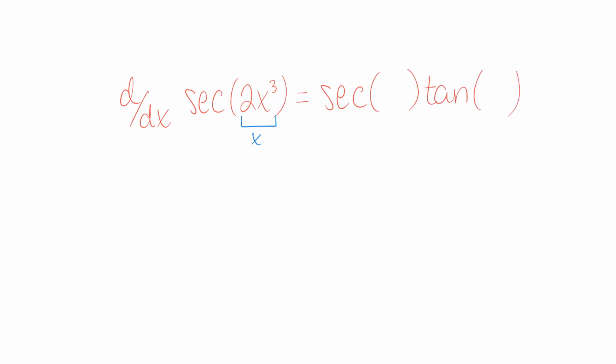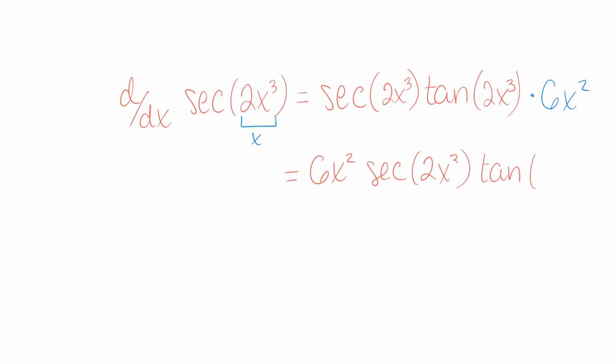This is not chain rule, that's just straight up its derivative. So our something, in this case, is 2x cubed. And then we need to use chain rule and multiply by the derivative of 2x cubed, which is 6x squared. So we clean up this answer, and we have 6x squared secant of 2x cubed times the tangent of 2x cubed.